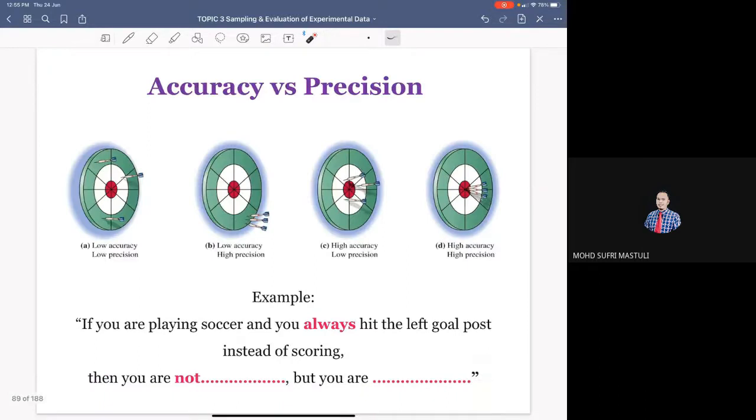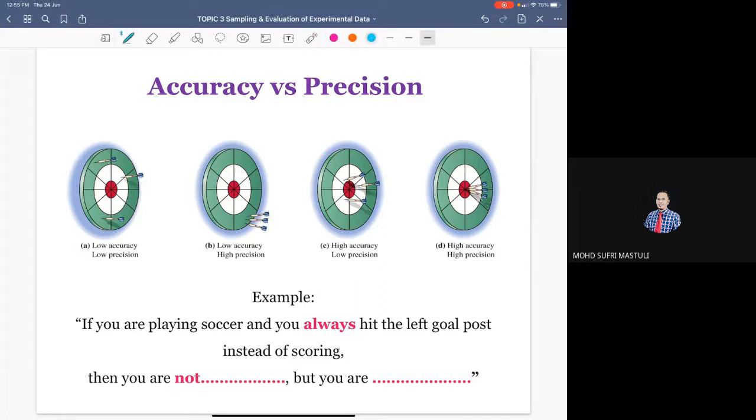Okay, this diagram shows you the difference between accuracy and precision. In the first case, a few data points are scattered in very different locations, far from the mean value.